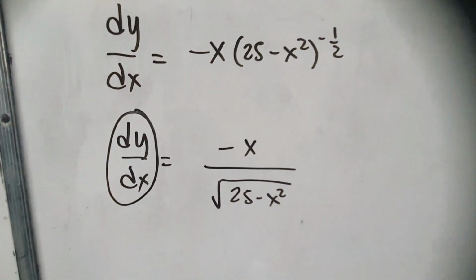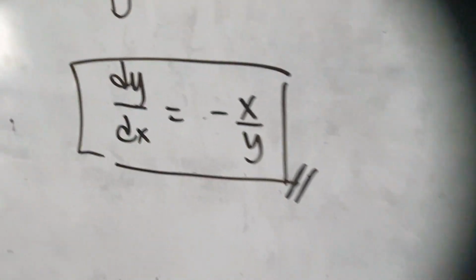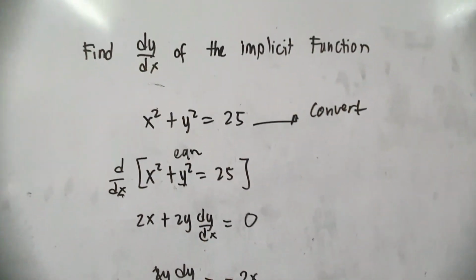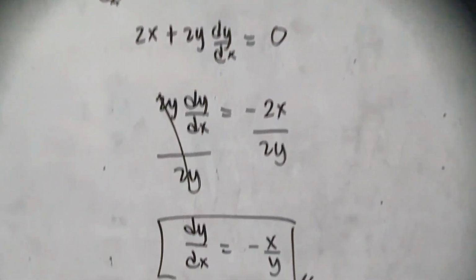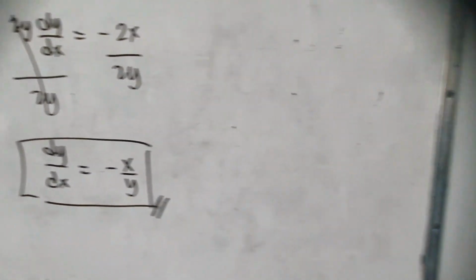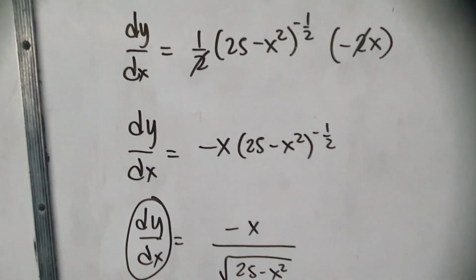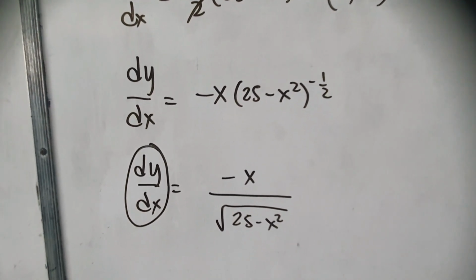So does that mean that this one is incorrect? Does this mean that implicit differentiation is incorrect because it is not the same as the explicit? Okay, so we need to make these two equal. How to make these two equal?